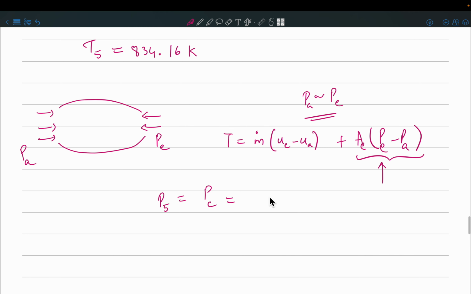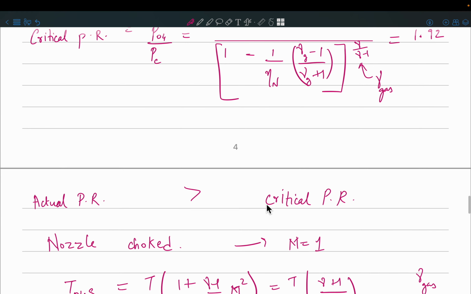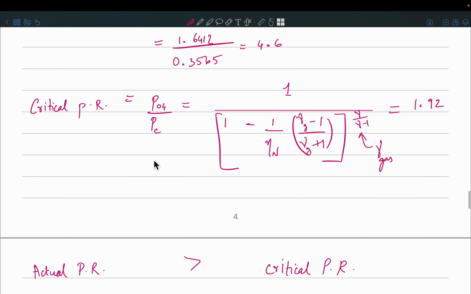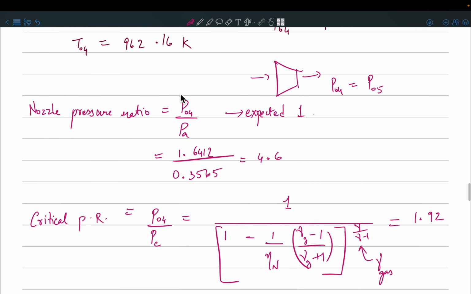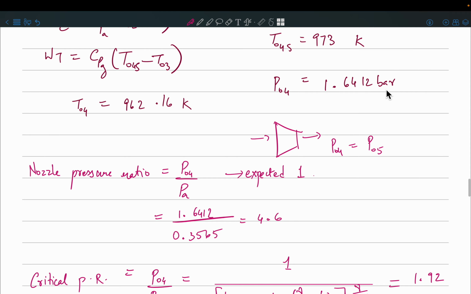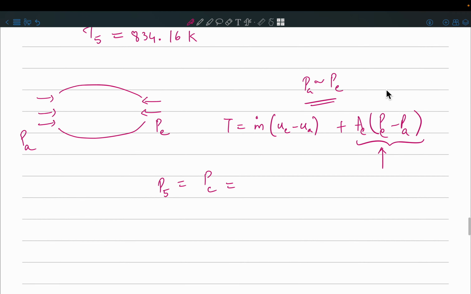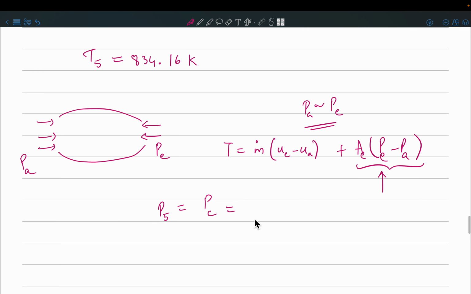We found the critical pressure ratio, P04 by PC, which is 1.92, and you know P04 from your earlier calculations, 1.64 bar. If you use that formula, you will get PC as 0.8553 bar.